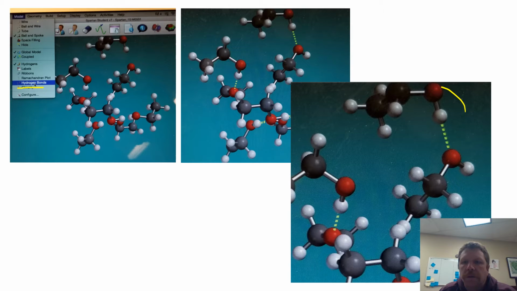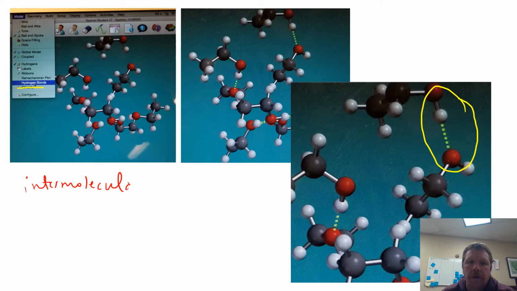I'm going to circle an example of a hydrogen bond. These are bonds between all of the different ethanol molecules, and so that makes them intermolecular rather than intramolecular.